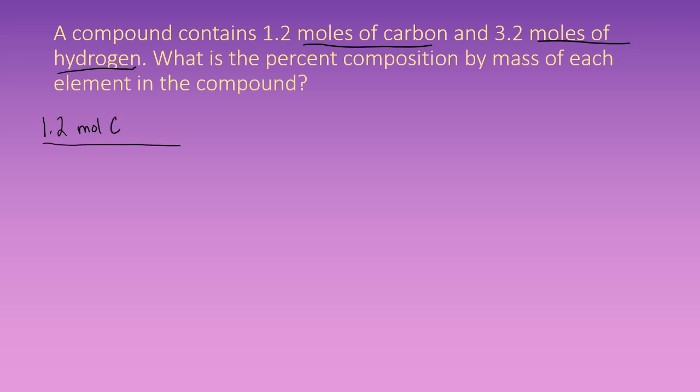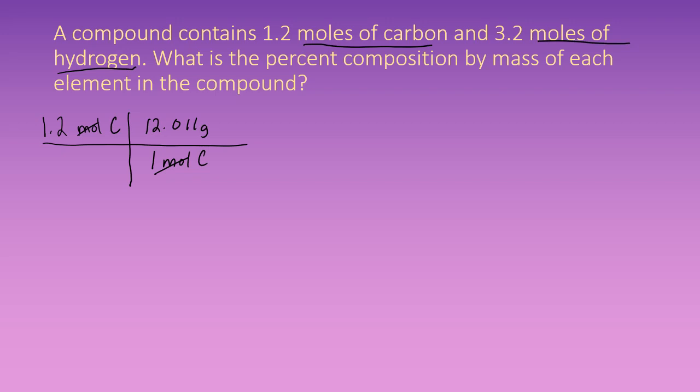And then I want to convert that to grams, so I'm going to set up one of my dimensional analysis crosses. And I can see from the periodic table that there is 12.011 grams in 1 mole of carbon. So I can get moles to cancel by having one on top and one on bottom.